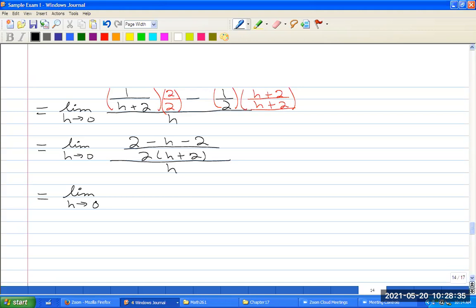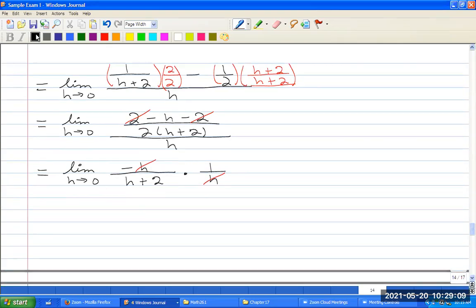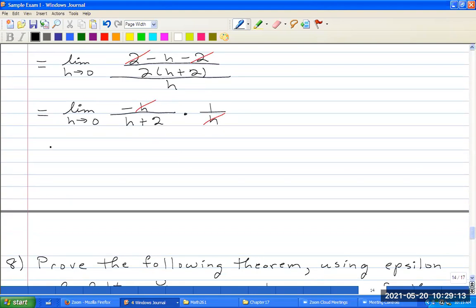As h approaches 0, the 2's cancel. So you get minus h over 2 times h plus 2, times, well, dividing by h is the same as multiplying by its reciprocal, 1 over h. The h's cancel. So this is equal to the limit as h goes to 0 of negative 1 over 2 times h plus 2. Well, as h goes to 0, this approaches negative 1/2. And so that's your limit, negative 1/2.